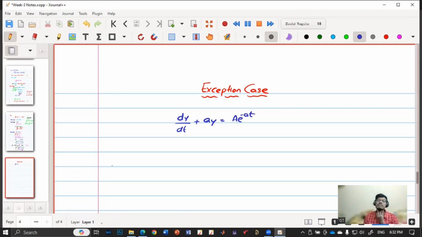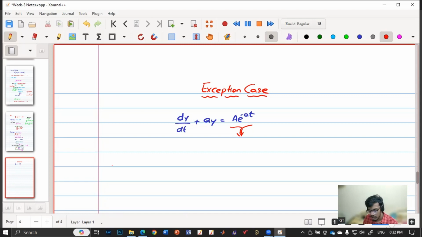So in this case, I cannot apply directly. I cannot say that natural response is some constant k into e to the power minus at, and my forced response will be derivative of these expressions. So why?